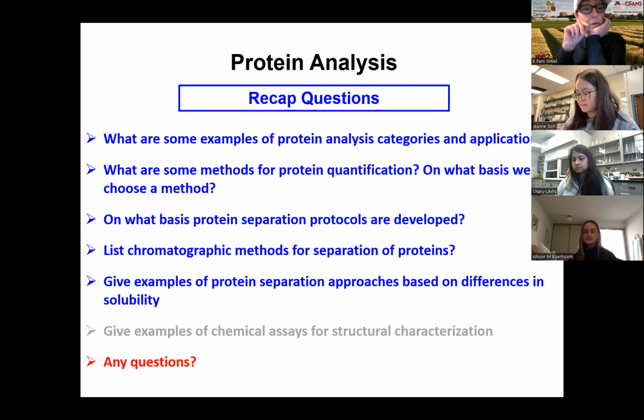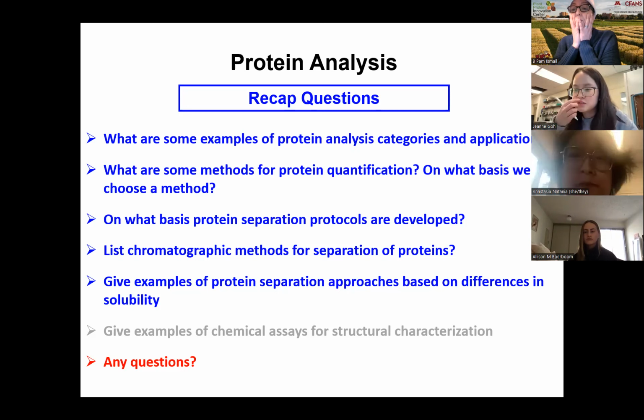The next question that is grayed out, this is coming up in the next few slides, but can any of you give me a chemical assay that we use a lot in the lab for structural characterization? DSC.